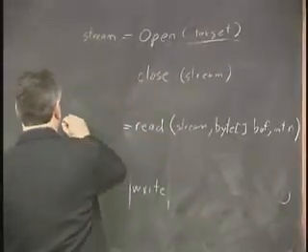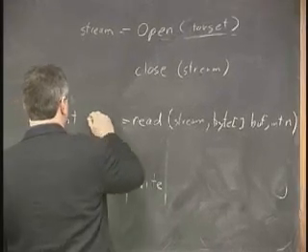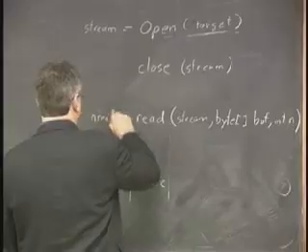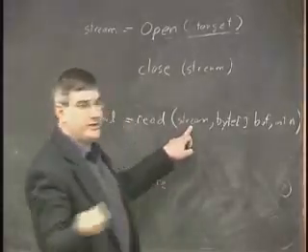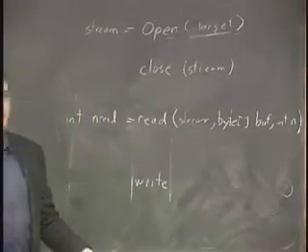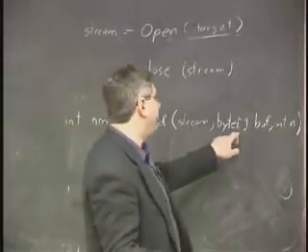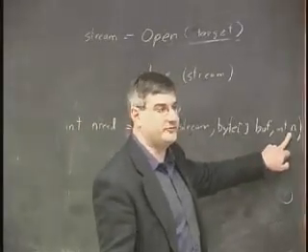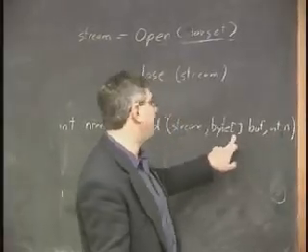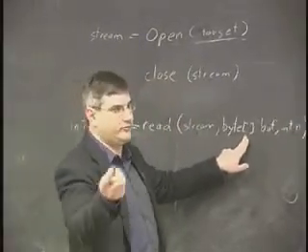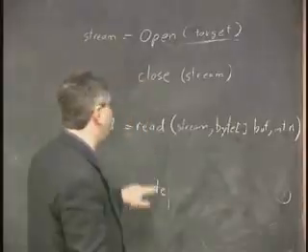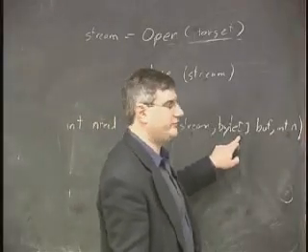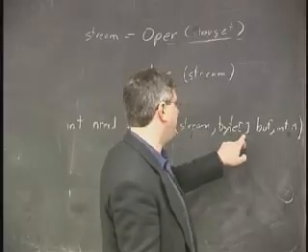That's not a good name. You give it a stream, whatever that is, that you want to read on. You give it the number of bytes that you want to read from the stream. And you give it a place to put these bytes, usually an array. So this says, read the next n bytes that are in this stream and put them here.